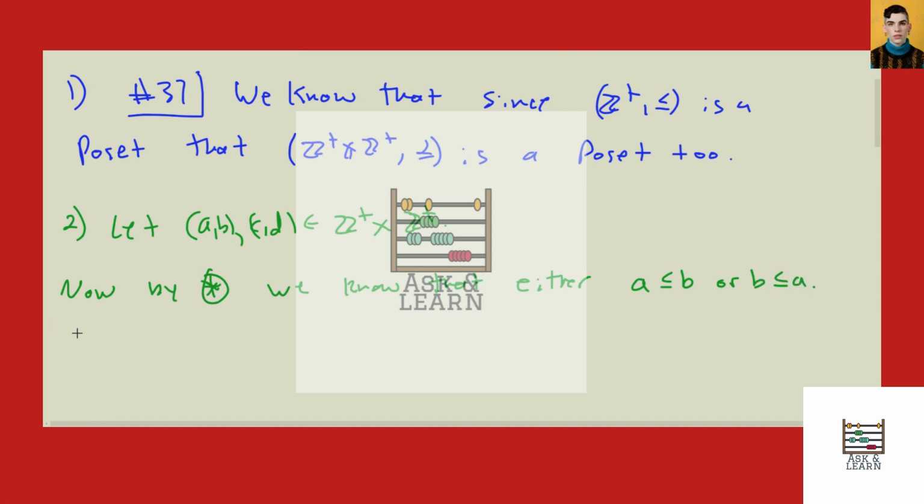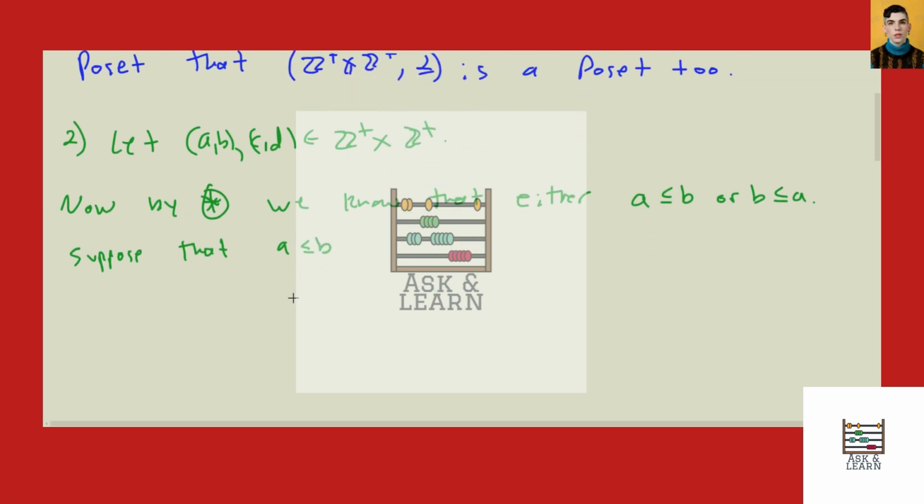All right, so we're just going to suppose that A is less than or equal to B. All right, so we have two cases. So case 1, A is not equal to B. Thus, (A, B) is going to be less than or equal to (C, D).